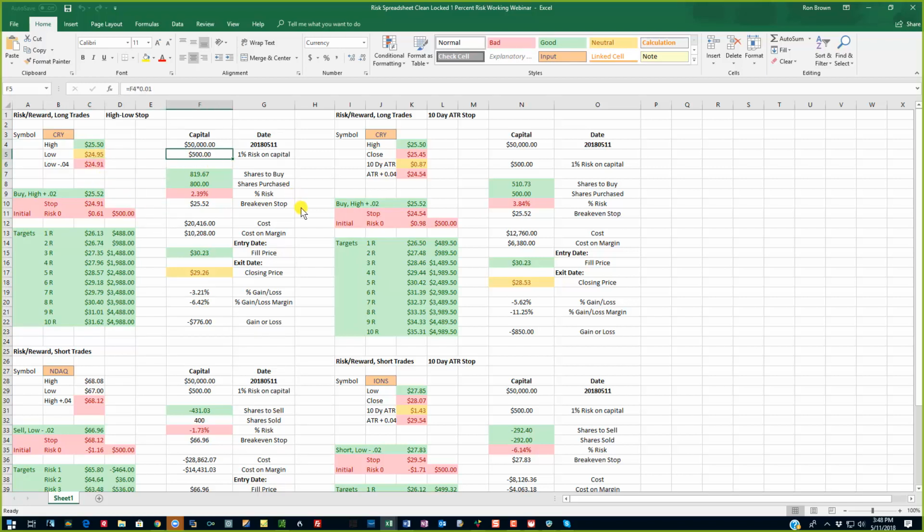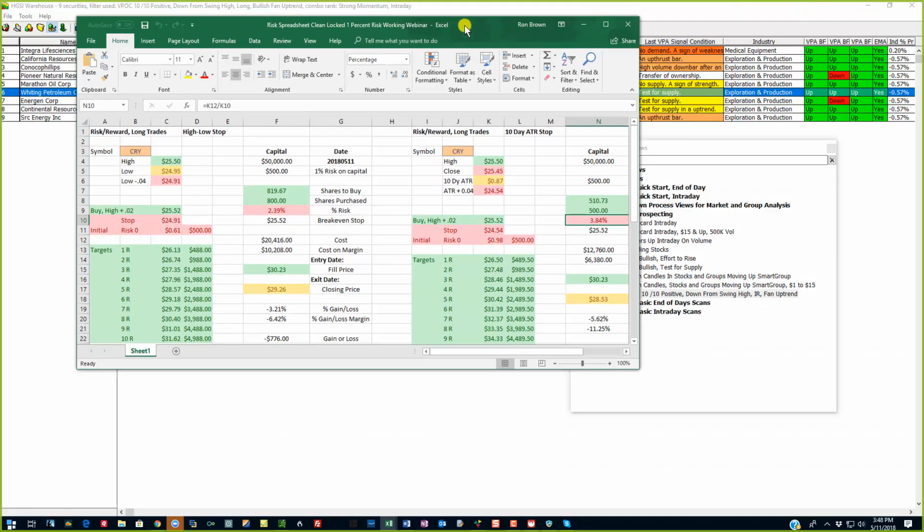It tells me how much money I'm going to risk. $500 on $50,000, and I'm only risking 2.39% on this trade. If I use an ATR stop, a 10-day ATR, I would be risking 3.84%. This is a subject for another webinar, but I always determine my risk before I put a trade on.